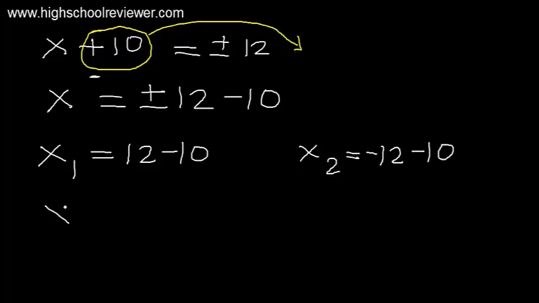So our x sub 1 will be equal to positive 12 minus 10, that is positive 2. And our x sub 2 will be negative 12 minus 10, negative 22. So therefore, x sub 1 equals positive 2 and x sub 2 equals negative 22. They are our final answers.